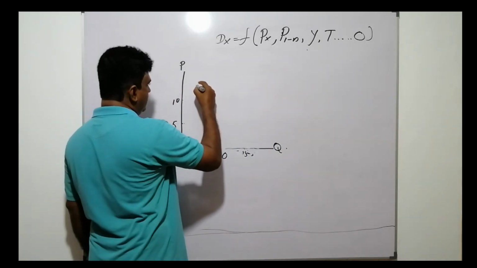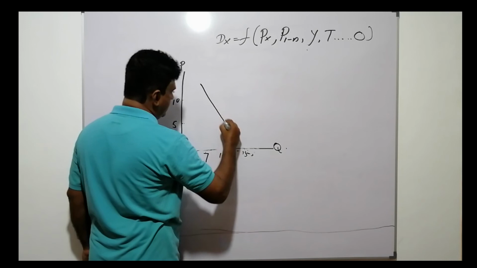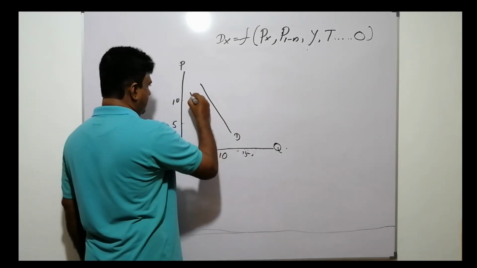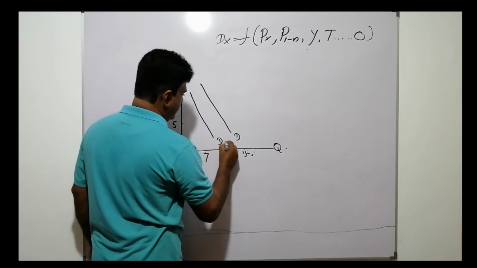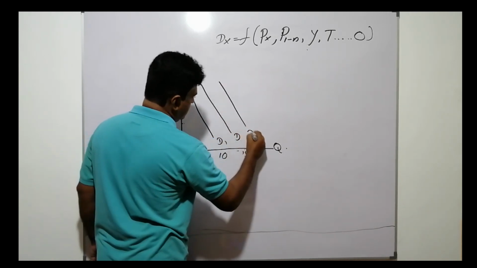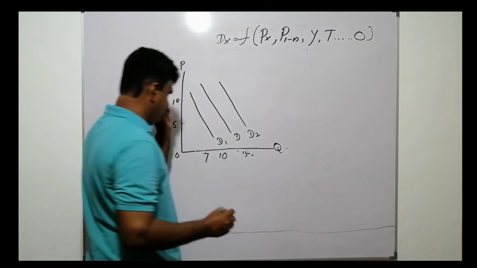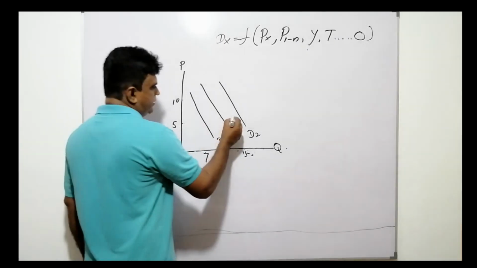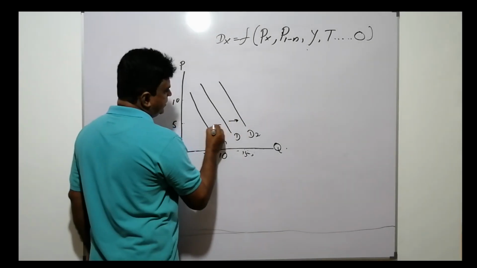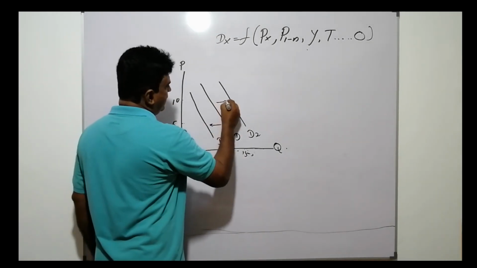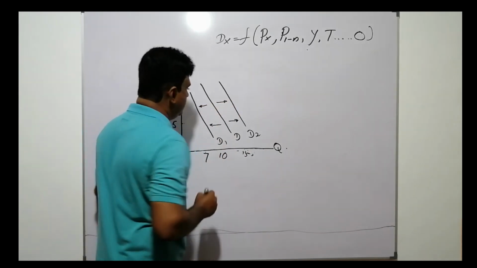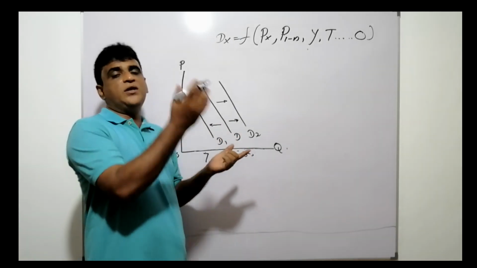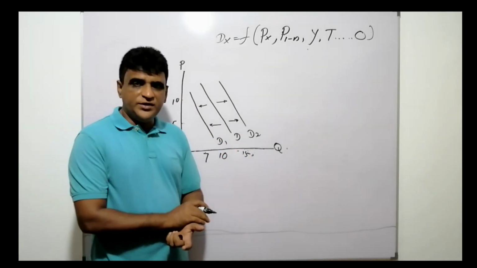This is the demand curve D, D1, D2. What happened? The demand curve shifts outward and inward.